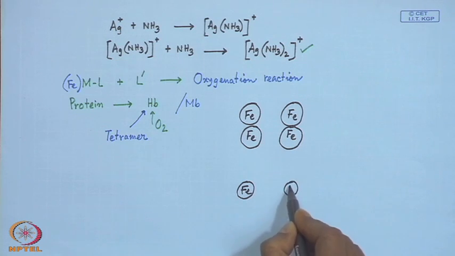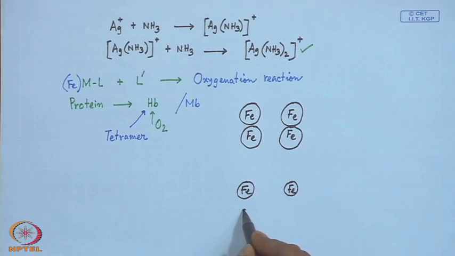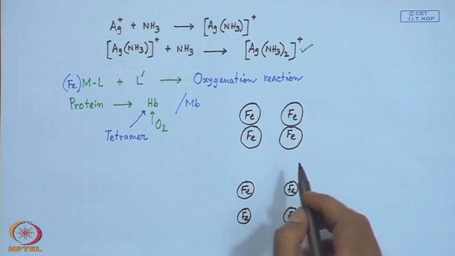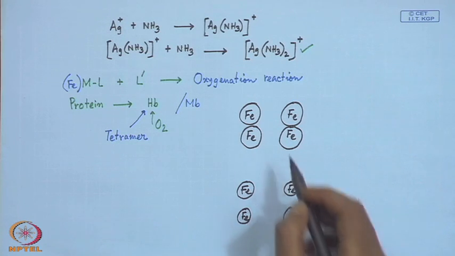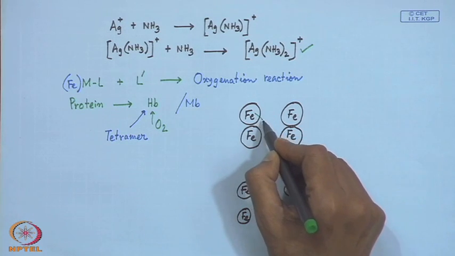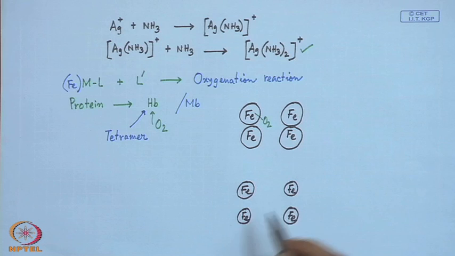oxygen. So, this oxygenation reaction of the tetrameric hemoglobin molecule can be considered as a corresponding binding of O2 in a stepwise manner.